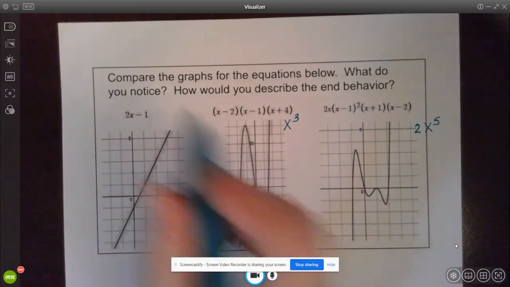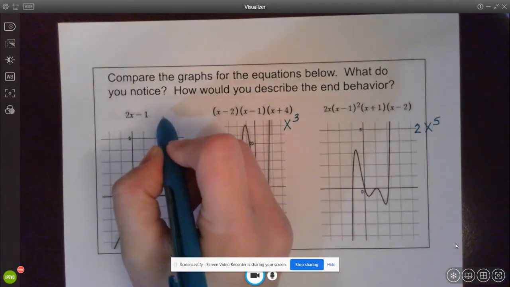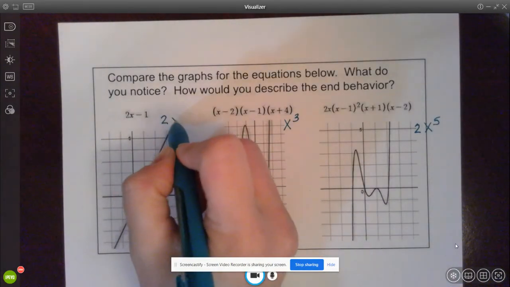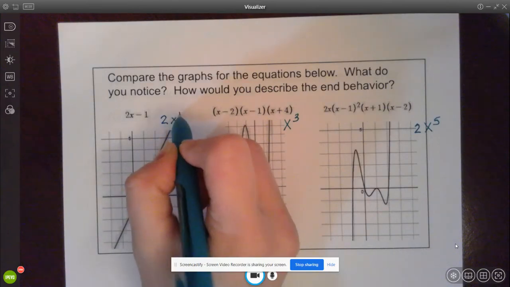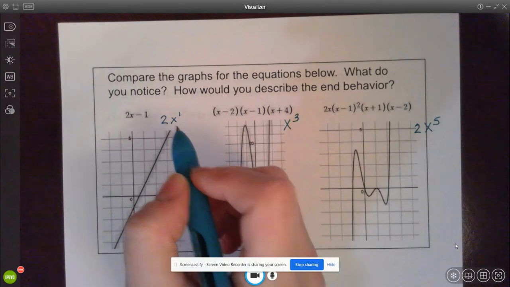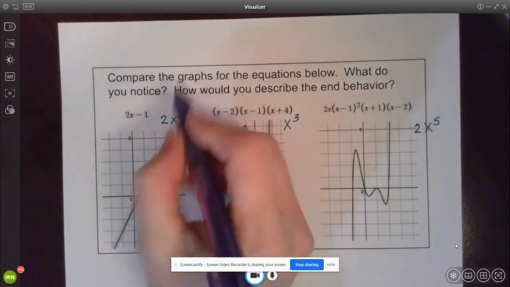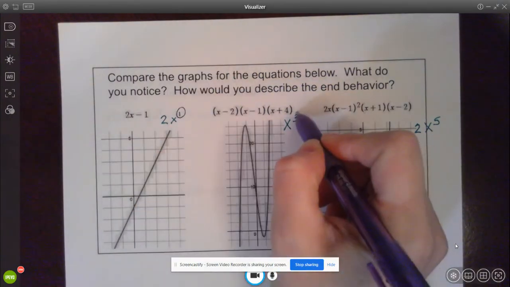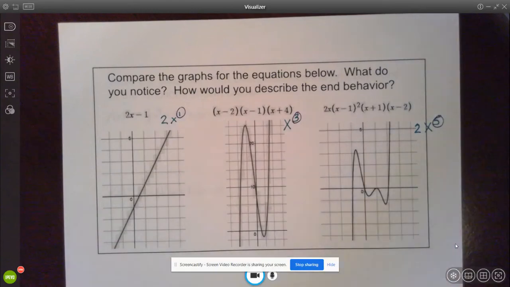Now, really, this is 2x to the 1st, technically speaking. So now, just looking at my exponents to start, these are all odd. Let's see how that changes things.